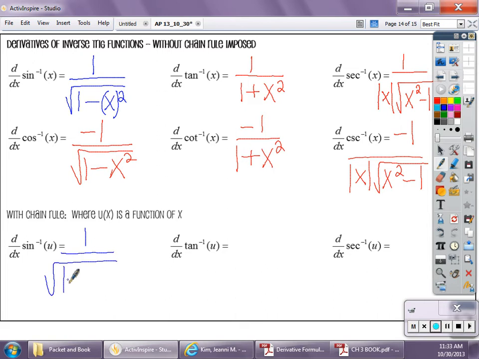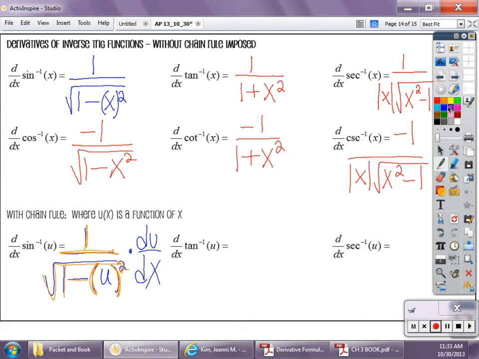1 over the square root of 1 minus u squared times du dx. And I'm going to highlight for you so that you can see where this is coming from. Here's the derivative of the outside: 1 over the square root of 1 minus just plain parentheses squared. That's the derivative of the outside.